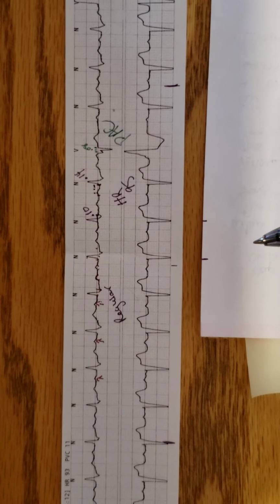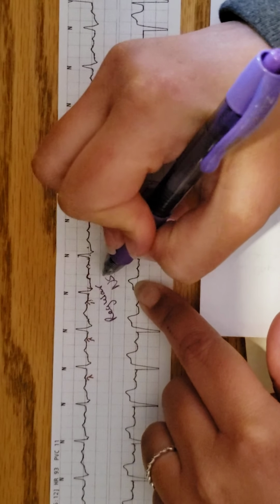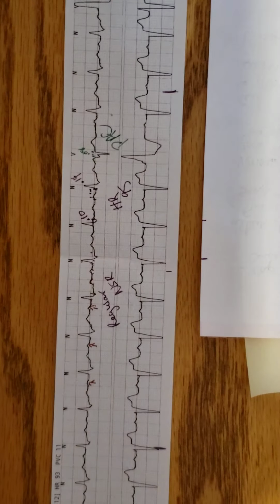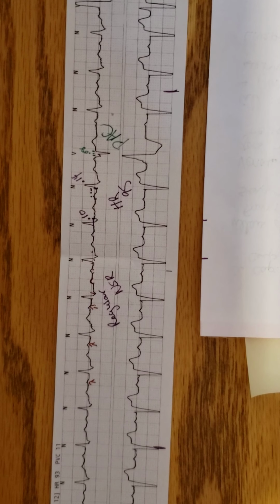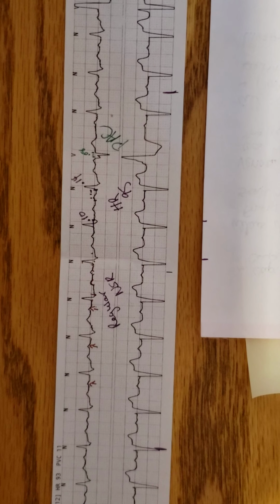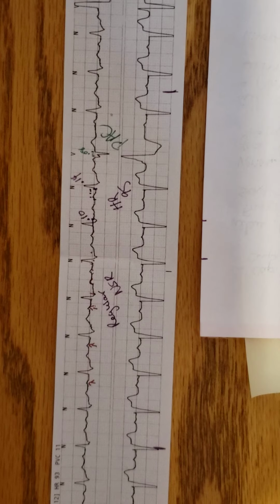So this strip in reality is a normal sinus rhythm strip because we have 1 P wave for each QRS complex with a PR interval between 0.12 and 0.20, a QRS interval between 0.06 and 0.10, a regular rhythm as well. It just has some intermittent behavioral issues, and these temper tantrums we've talked about are these PACs and PVCs.